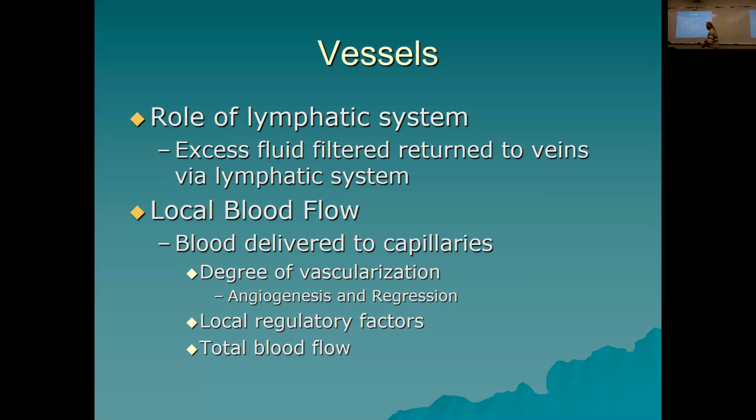Okay. Remember local regulatory factors in capillaries, particularly. Remember what opens and closes capillaries? Chemicals. In most tissues of the body, low oxygen or high CO2 would open capillaries. High oxygen, low CO2 will close capillaries.